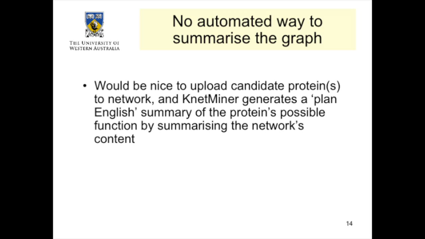What I would love is for that lab person to take their protein or gene of interest, put it into KnetMiner, and that then checks out the next neighbors in the graph and generates a plain English 3, 4, 5 sentence summary on that. Maybe we show that next year. I'm not sure. That would be very useful. It's kind of your text mining, but reverse. Yeah, reverse. The English might be very plain. Yeah, which is okay.